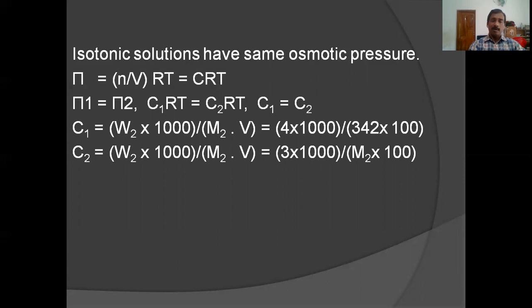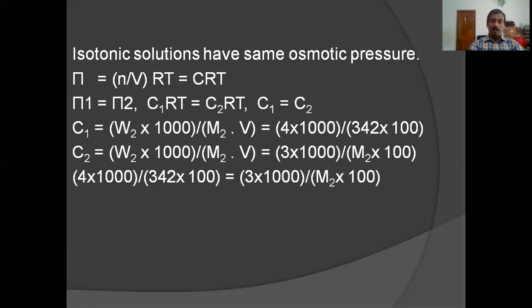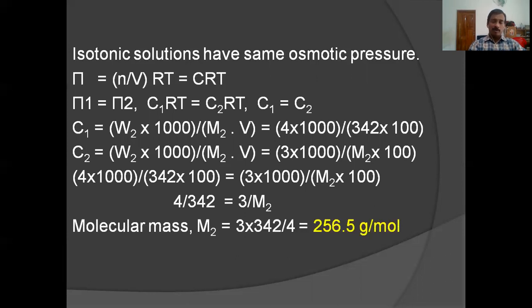So 3 gram into 1000 divided by M2, which is unknown and we have to find out, into 100. Since C1 is equal to C2, we can write 4 into 1000 by 342 into 100 equal to 3 into 1000 by M2 into 100. Therefore, 4 by 342 is equal to 3 by M2, or M2 is equal to 3 into 342 divided by 4, which is 256.5 gram per mole.